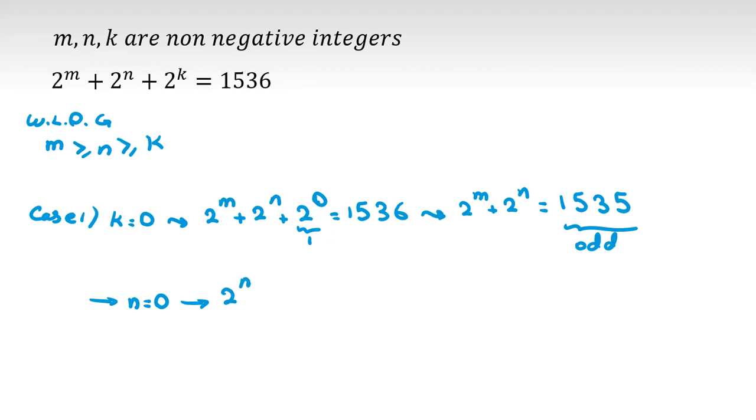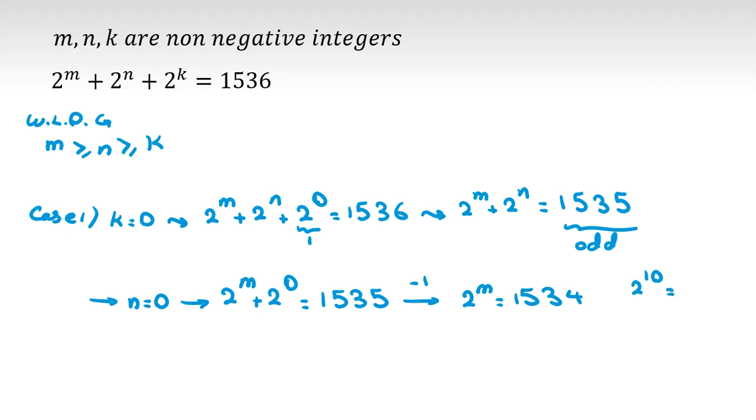So 2 to the m plus 2 to the 0, which is 1, equals 1535. I subtract 1 from both sides, it will be 2 to the m equals 1534. 1534 is not a power of 2. Why?